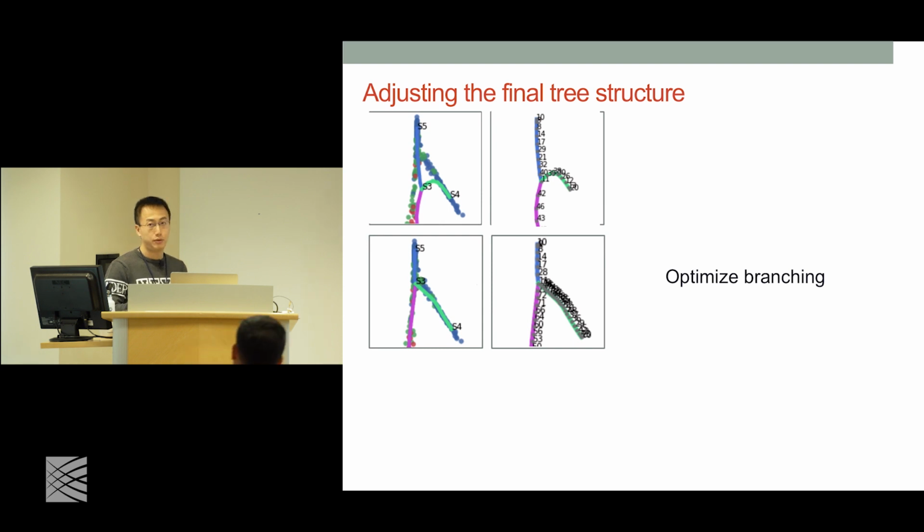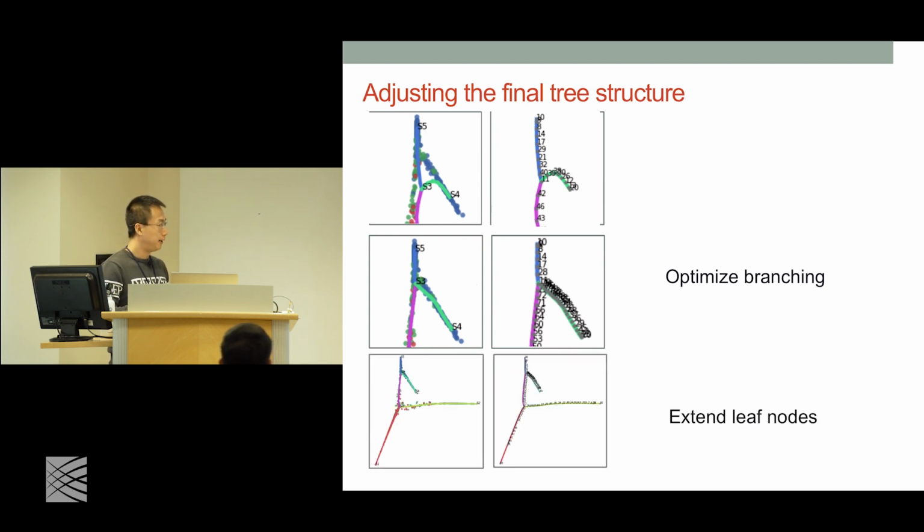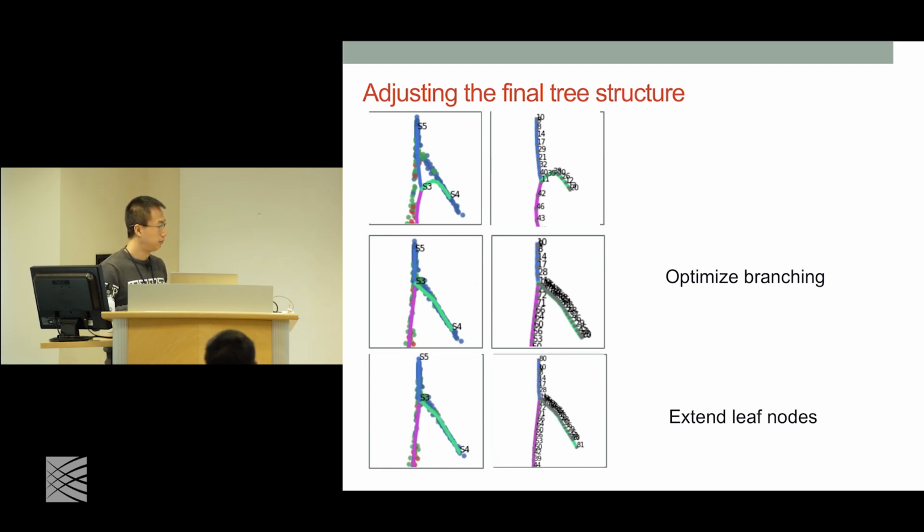So in that case, if we use this graph to calculate pseudo-time, all of the cells here will be assigned the same pseudo-time, and we cannot really distinguish those cells. So we also have some extra grammar to extend the leaf node by adding some extra nodes, trying to reach the further cells. In that case, we can calculate the pseudo-time more accurately.